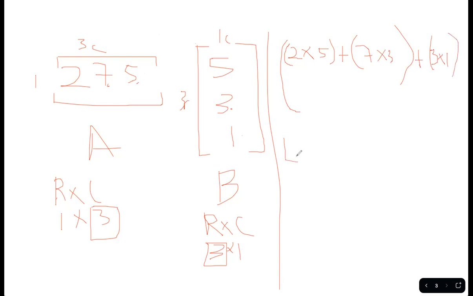So now what will be the final answer? 2 times 5 is 10. 7 times 3 is 21. 31, plus 3, 34.